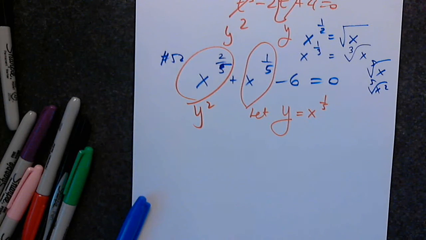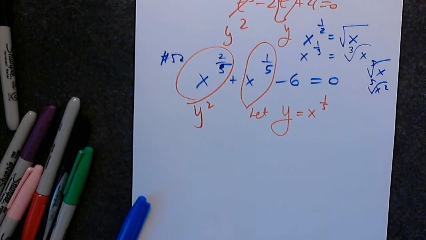But is it? So when I square this, I copy the base, and what happens to the exponents? Which operation do I perform with the exponents when I raise this to the second power? Correct.